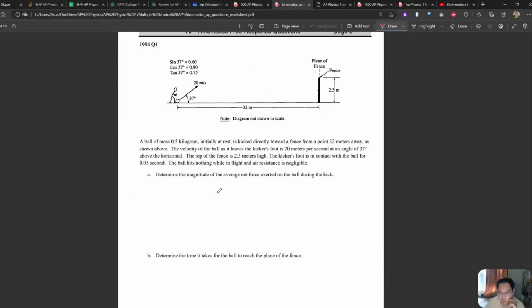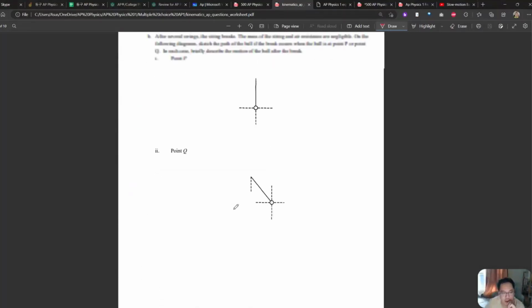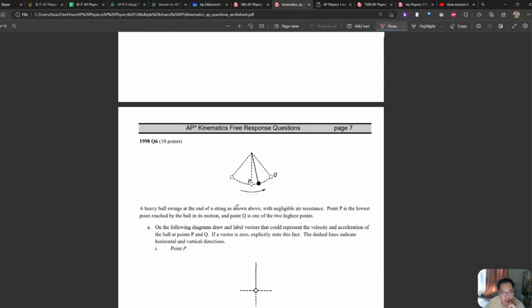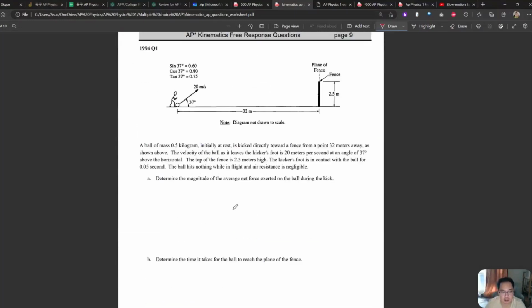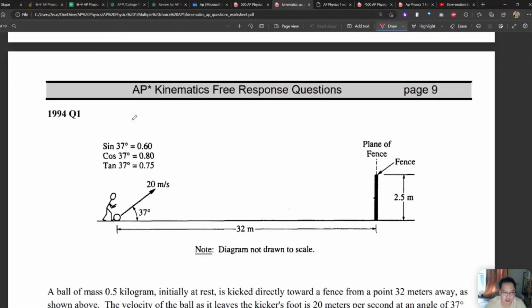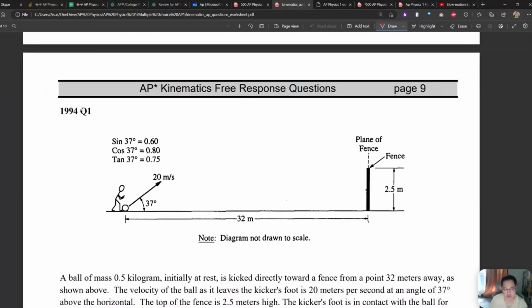For the free response questions, 142. Please do this one. Write it in your notebook and do the 1940 here about projectile motion for the free response. If I find other free response questions related to this topic, I'll send them later.